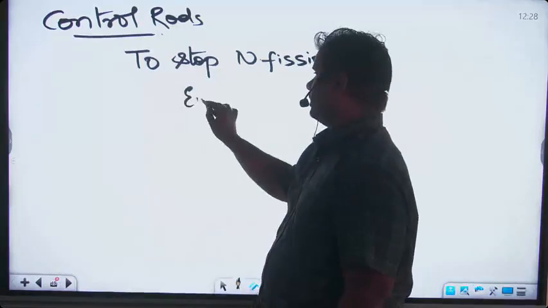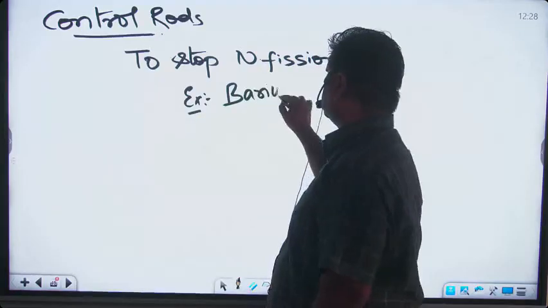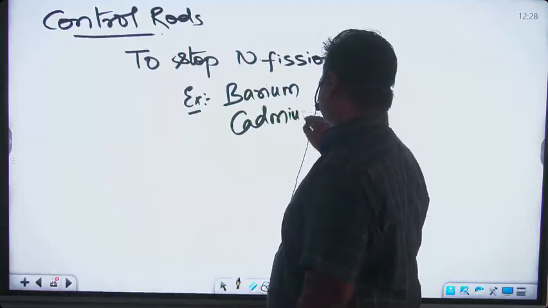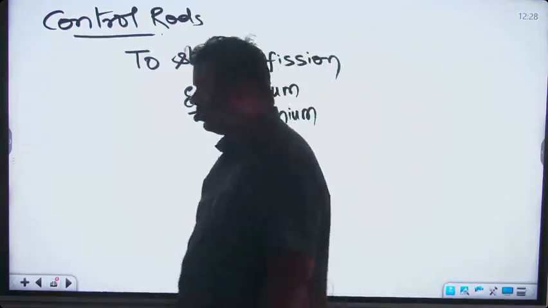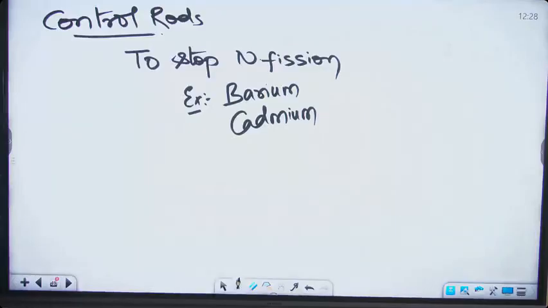Example for control rods: barium and cadmium rods are used as control rods.